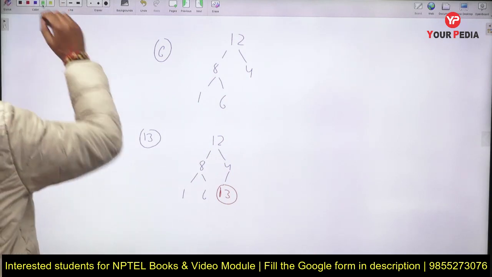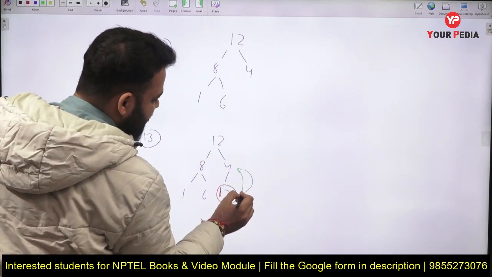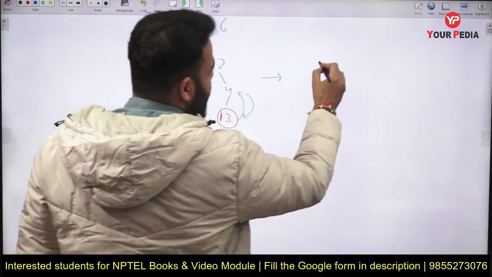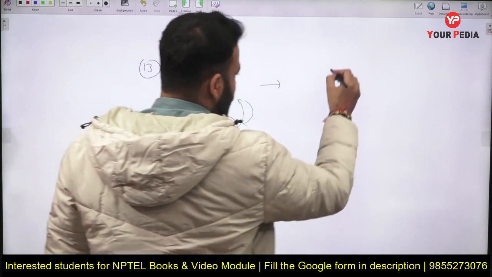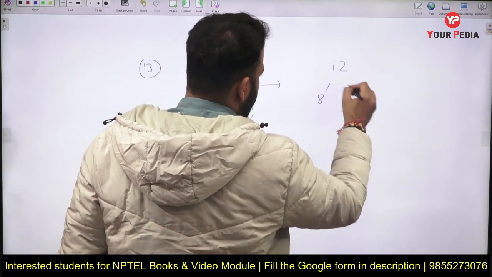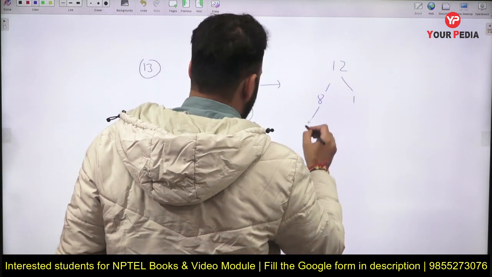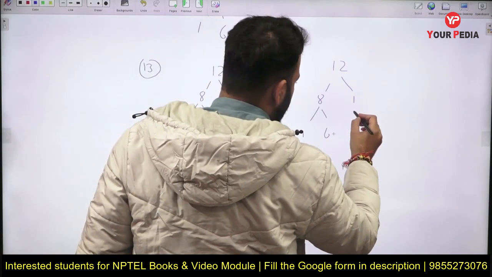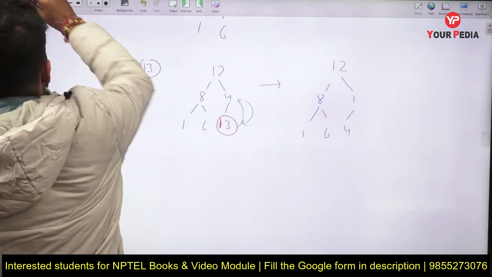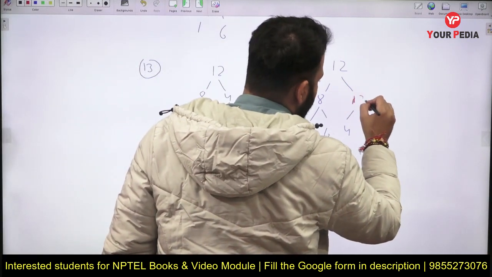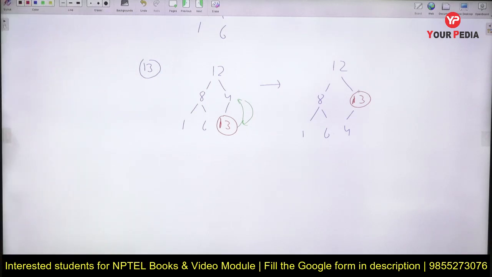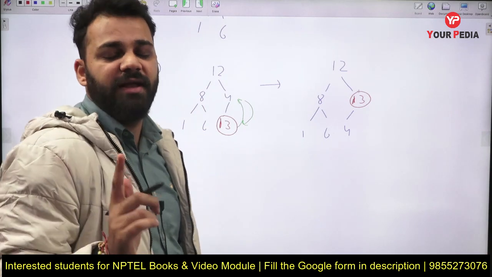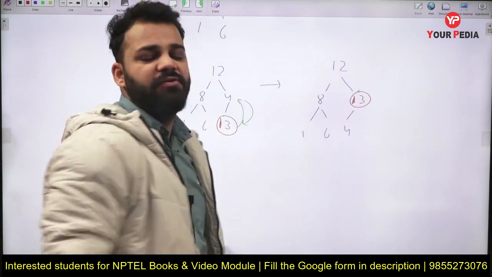So what will we do here? We will just interchange these and max heapify this. So when you max heapify this, you will get 12, 8, 1, 6, 4 here, but again when 13 is put here, again there is an issue with 12 because 12 is less than 13 and the property is not satisfied here.